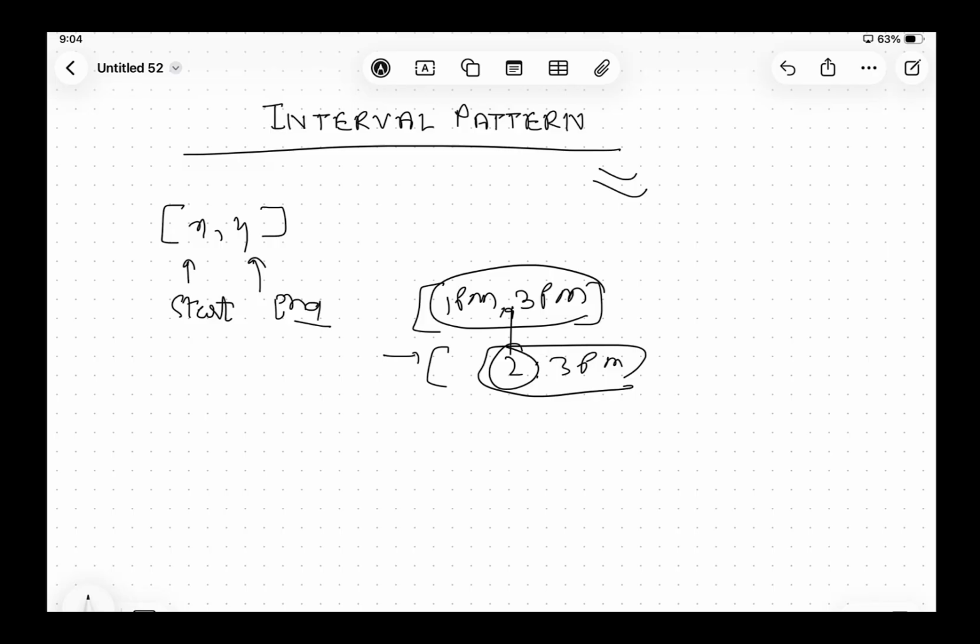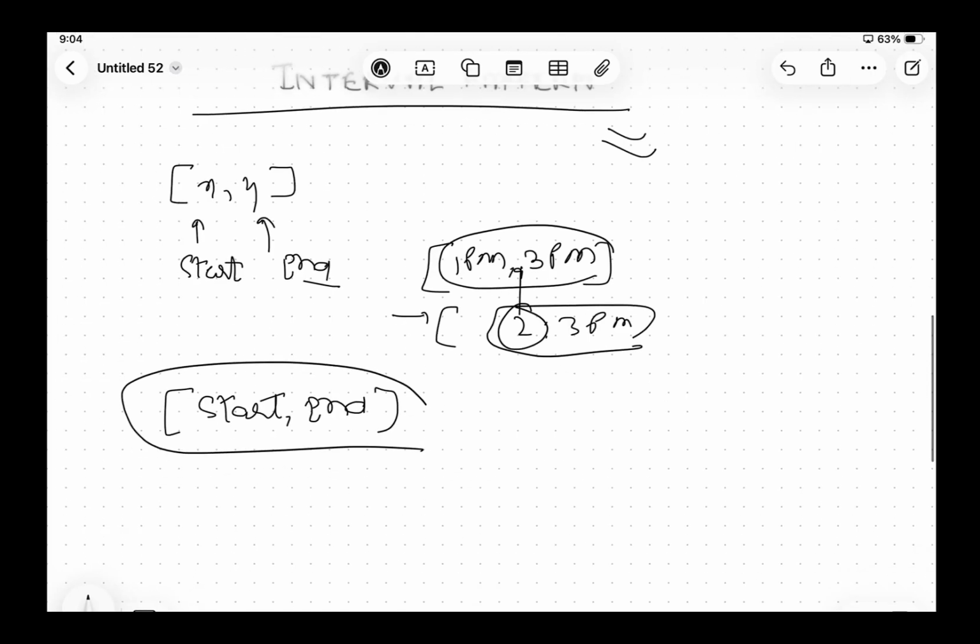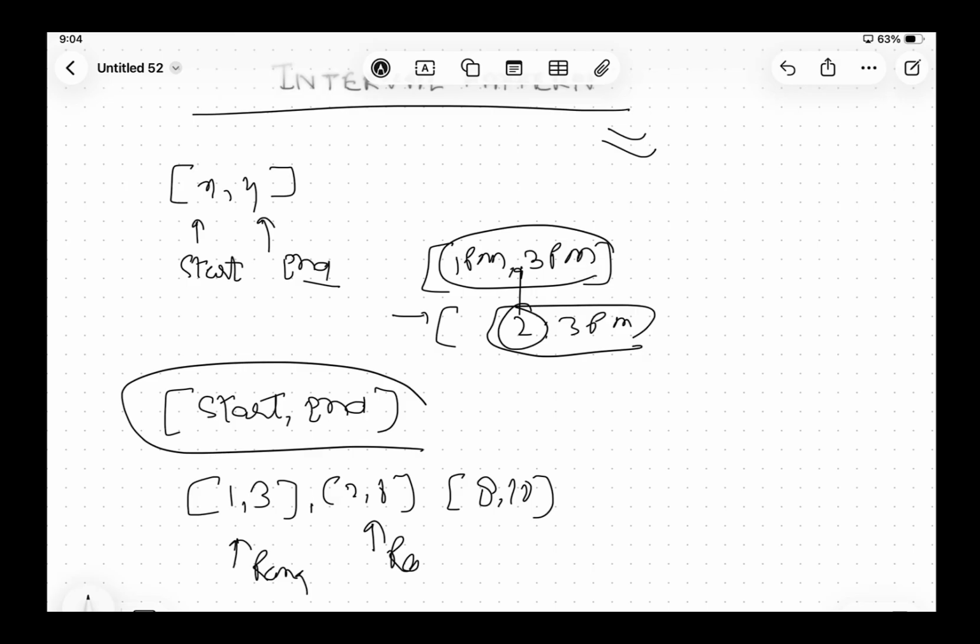An interval is simply a representation of two values: one is the start, as I already told, and the second is the end. For example, 1 comma 3 or 2 comma 6 are all intervals, and these are called ranges.